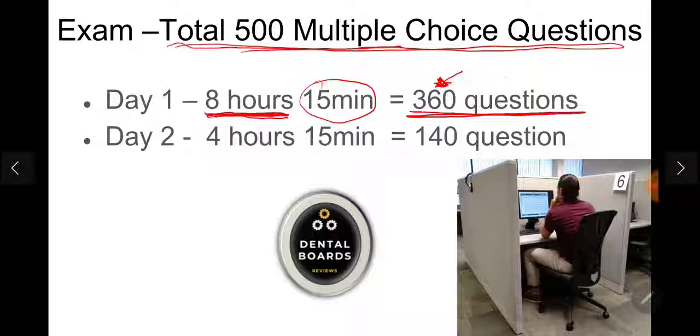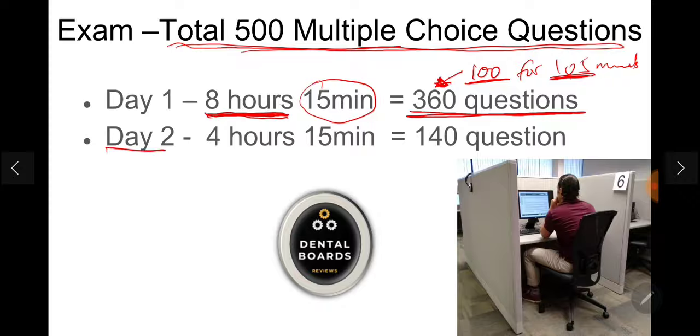I repeat, you have 100 questions for 105 minutes. That means if you take 1 minute for each question, you're going to have about 5 minutes left by the time you finish. So you have to make sure you are fast. You look at the question, you answer it within a minute or less. If you see you're taking more than a minute, just click mark and move on.